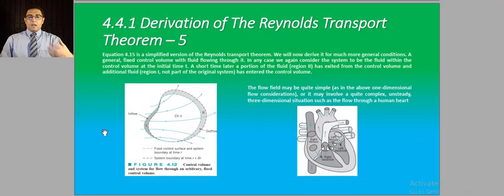Welcome back, guys. As I already told you, we can simplify the system and the control volume and relate them with the Reynolds transport theorem. However, sometimes it's not really easy to do that. Taking the heart as an example, it's regarded as a control volume. Having the same analysis on the fluid going through the lungs and the arteries in the heart is not an easy task.